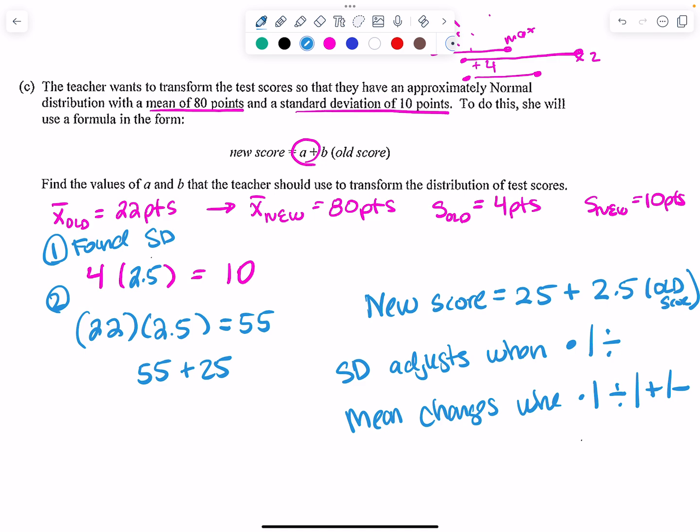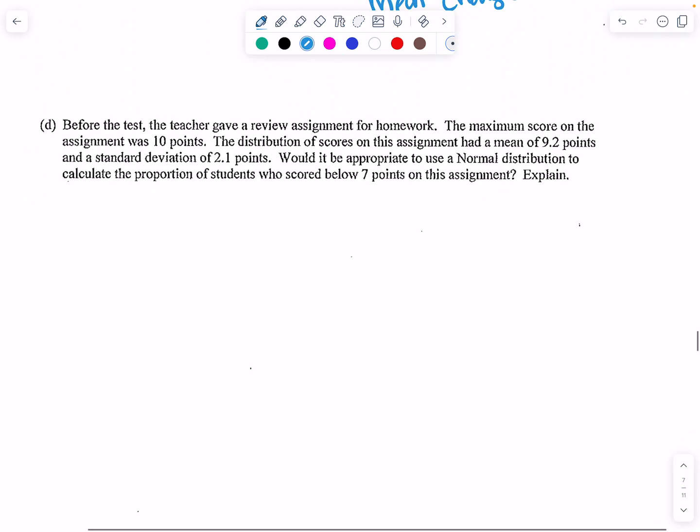And then step 2, I used the factor that changed the standard deviation and then added my number B, or 25, so I can get 80. Okay?